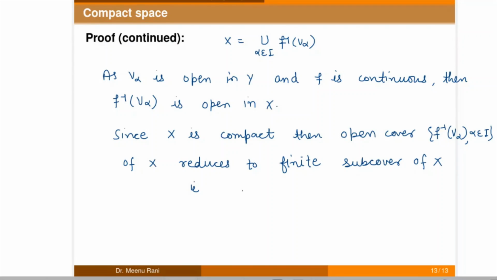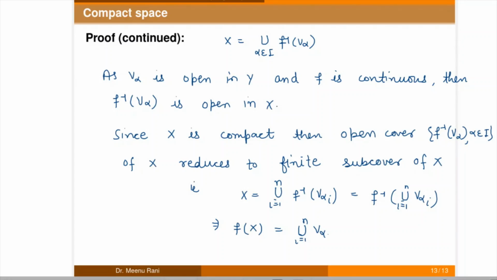So we can write X is equal to the finite union of f inverse of v alpha i's, which can be written as f inverse of the finite union of v alpha i's, which further implies that f of x is equal to the finite union of v alpha i's, and it is y because of the homeomorphism map.